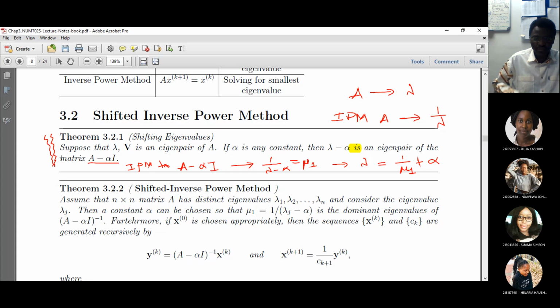I don't want to proceed if you don't understand this, but that is exactly what we are going to do in this theorem. Is it clear for everybody? If you don't understand, please let me know so that I repeat. It will be of no use for me to rush when there are things that you don't understand, because I will be thinking that we are moving together, whereas you are behind, and I will be talking to myself. Is that understood?